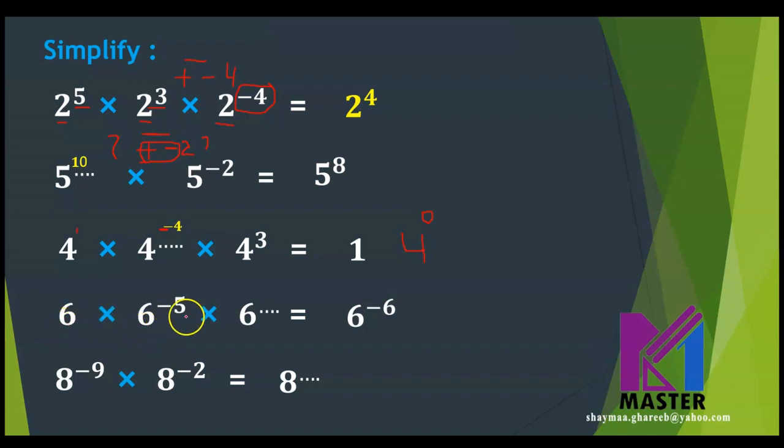6 times 6 to the power of -5 times 6 with the missing power equals 6 to the power of -6. So let's do exactly the same. I have here 1. So 1 plus -5 equals, it's the same as 1 minus 5, which is negative 4.